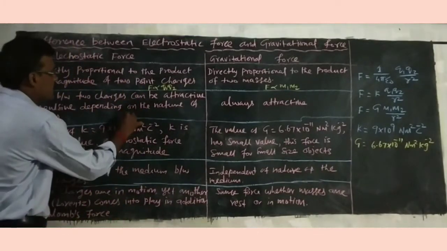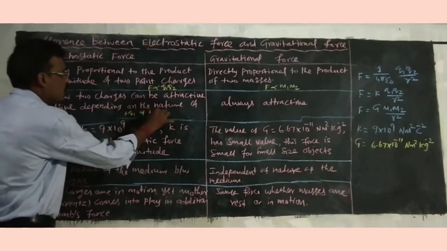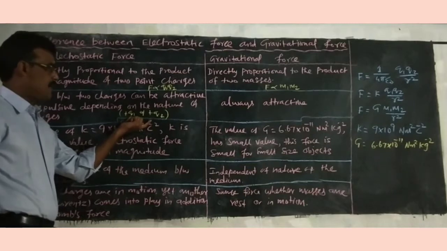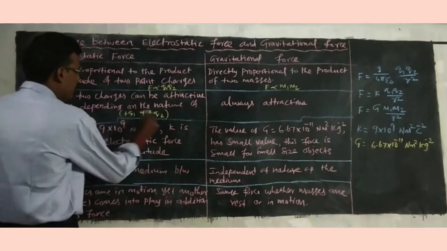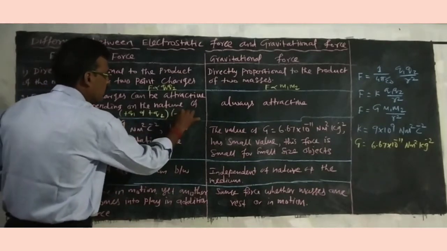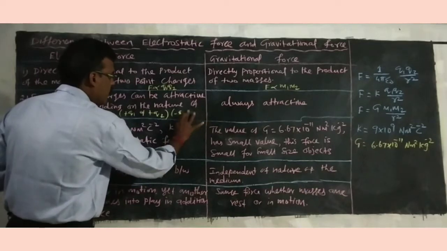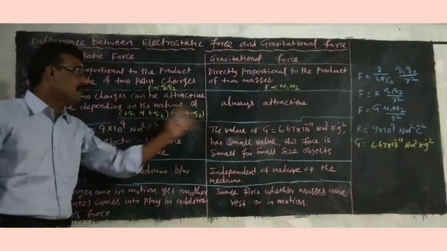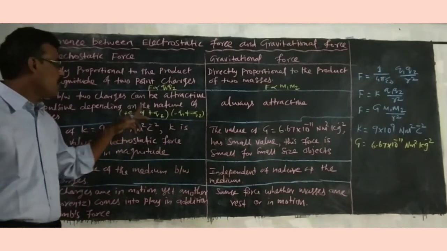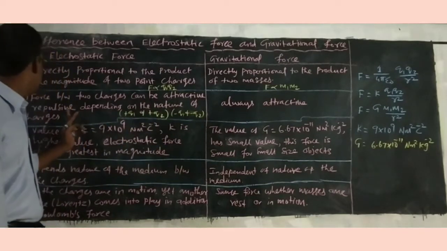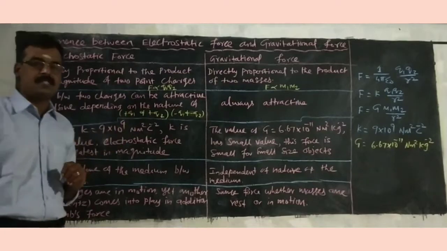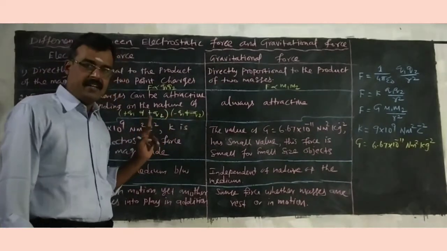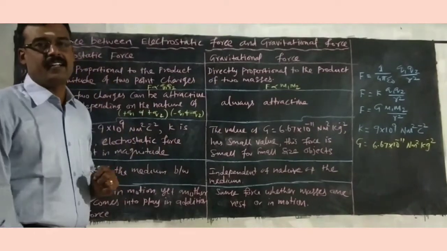If you take plus Q1 and plus Q2, you will get the repulsive force, because similar charges repel. And if it is minus and minus again, then you also get the repulsive force.